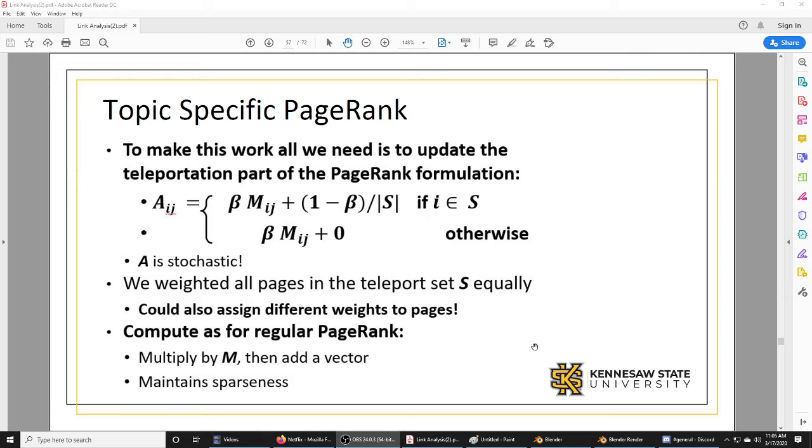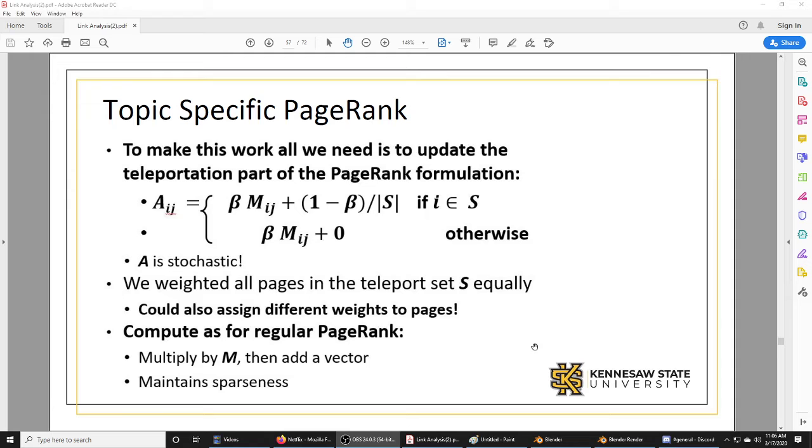So this is now a piecewise function, beta M_ij. It's the same function as before, right? And S is our new n, because we only want the teleportation to be equal to the number that are inside our set.